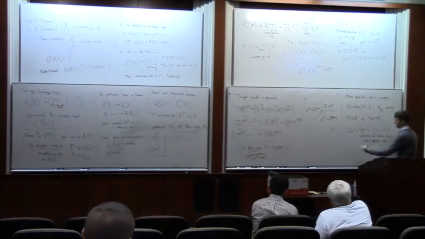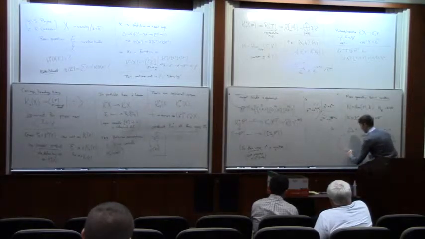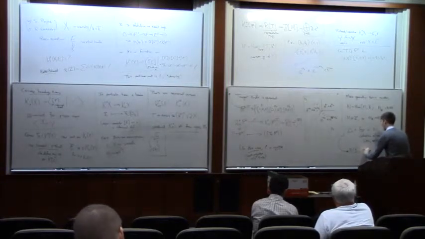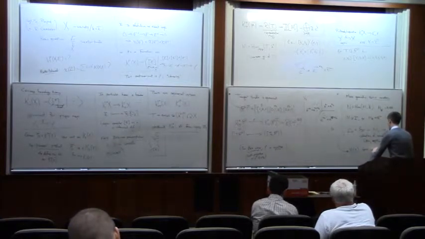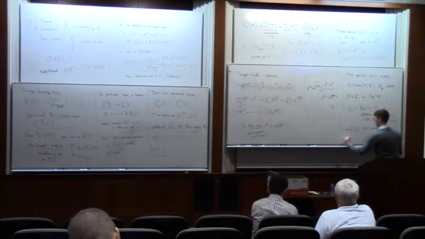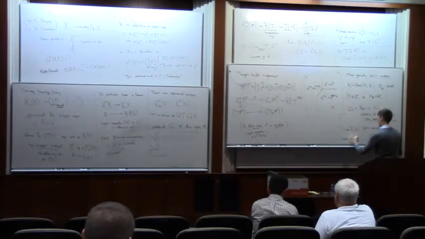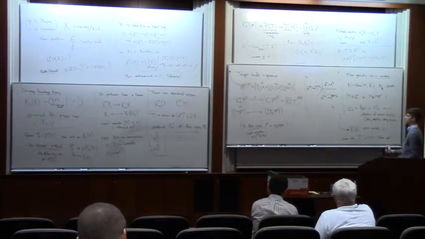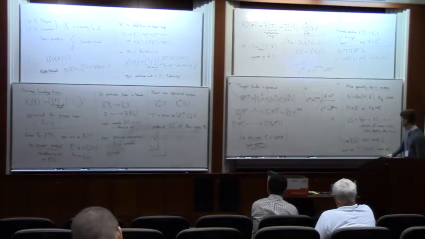So given this data, there's an algebraic variety denoted X delta. It's a toric variety defined over K, and it comes with an action of the torus with a dense orbit. Okay.